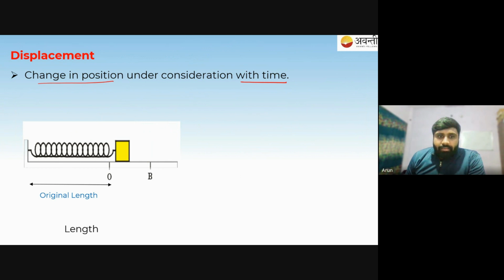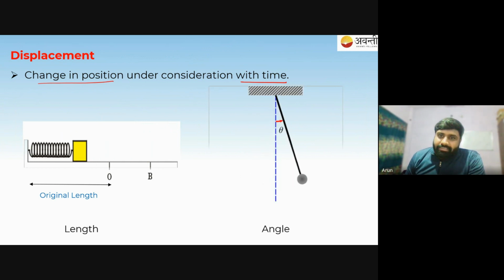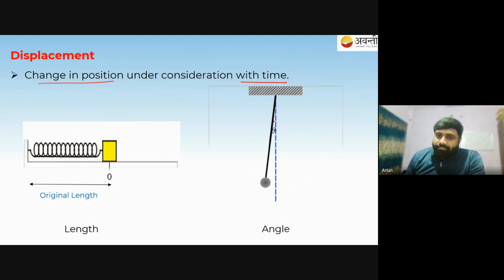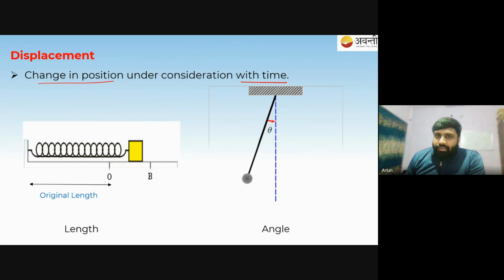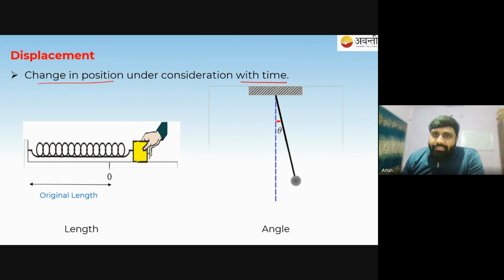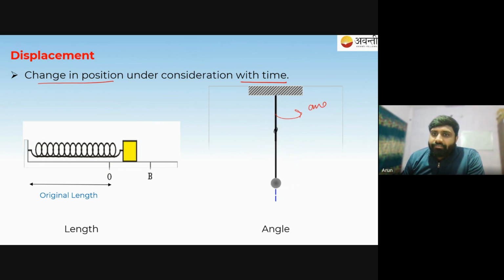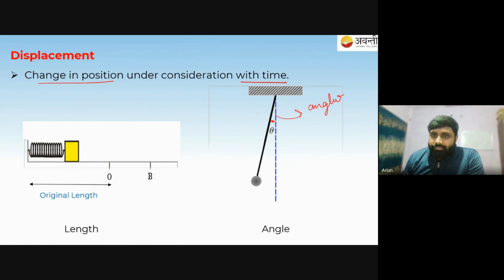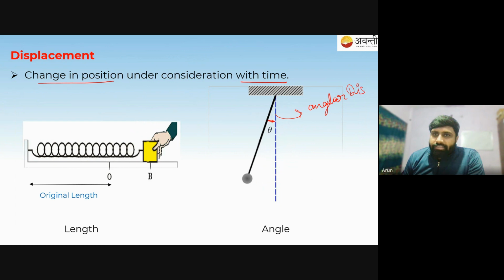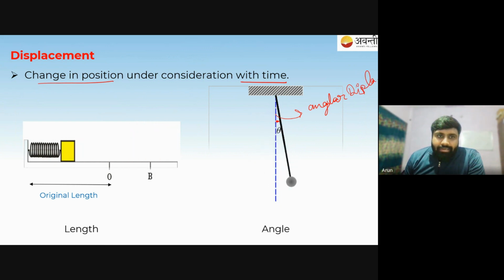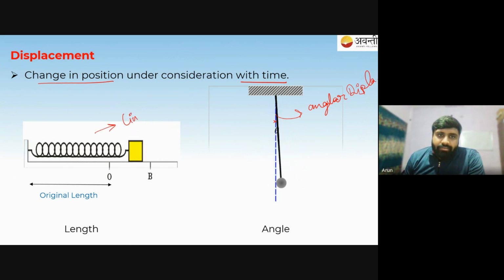Got it? In the same way, in angular SHM, the change of angle varies with time. This is termed as the angular displacement, and this is termed as linear displacement.